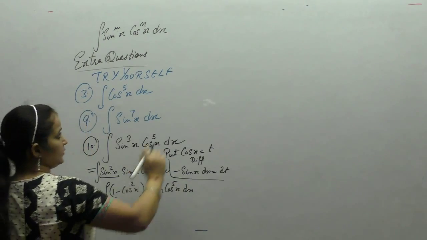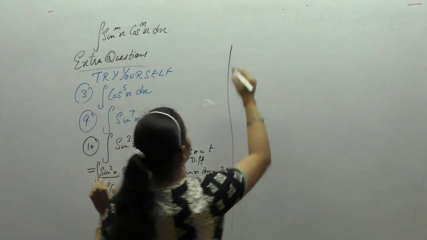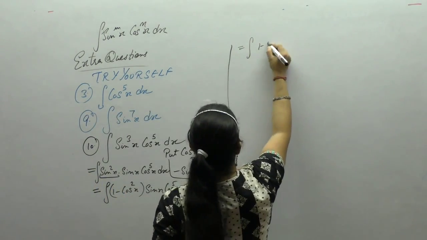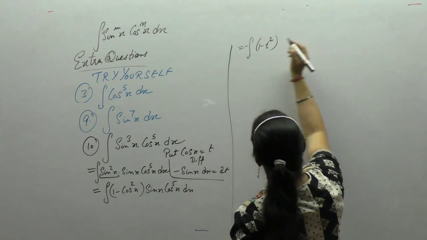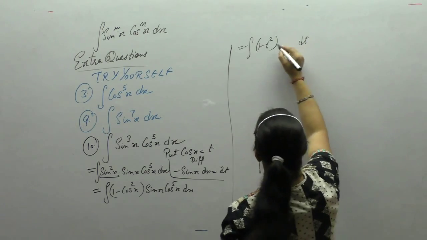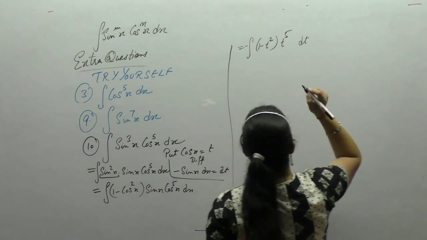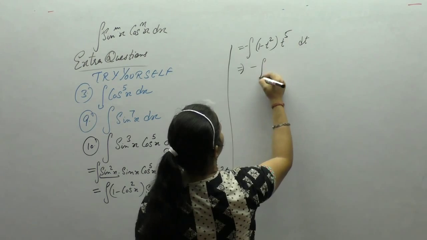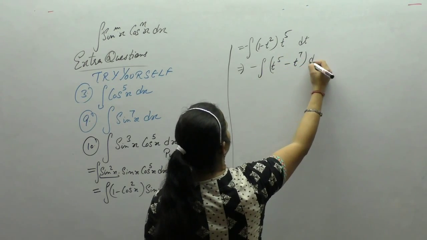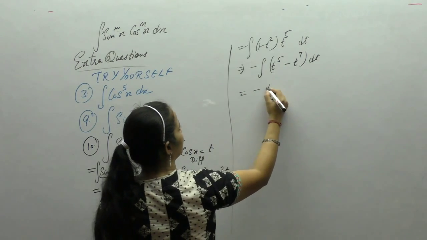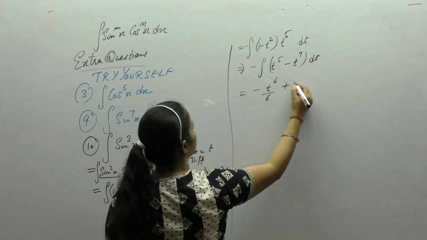Now put the values. We put cos x as t, 1 minus t square, minus dt for sin x dx, is minus dt into t5. Multiply it: minus t5 minus t7. Apply the power rule here, n plus 1.